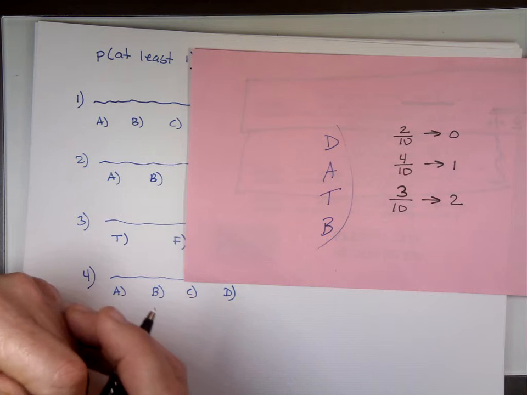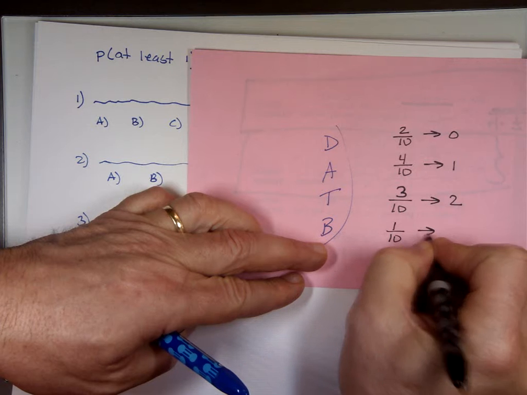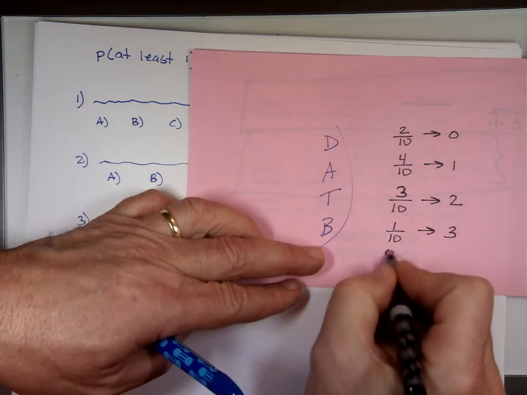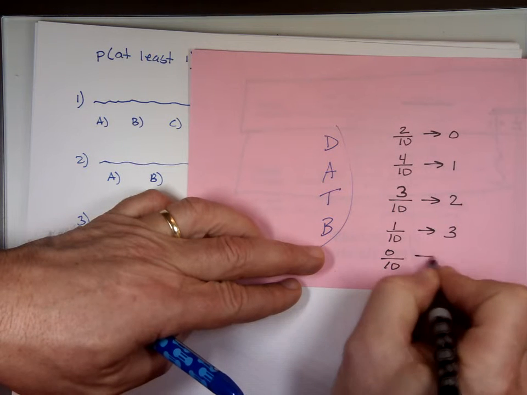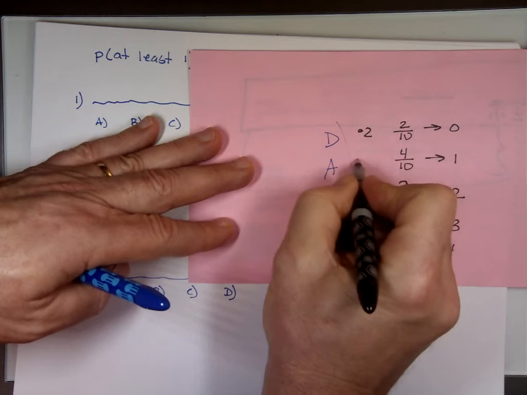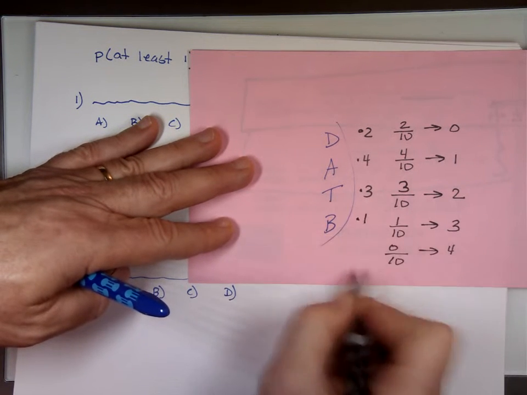And 3 correct answers, 1. And 4 correct answers? 0. So that's a 0.2, that's a 0.4, that's a 0.3, that's a 0.1, that's a 0.